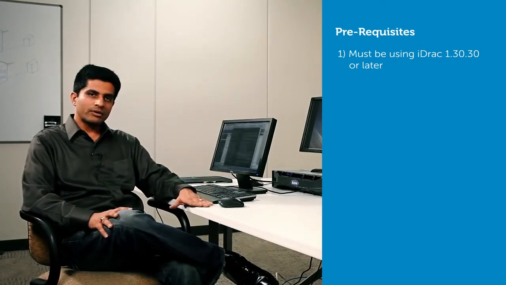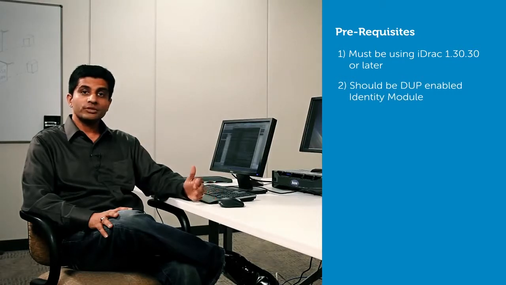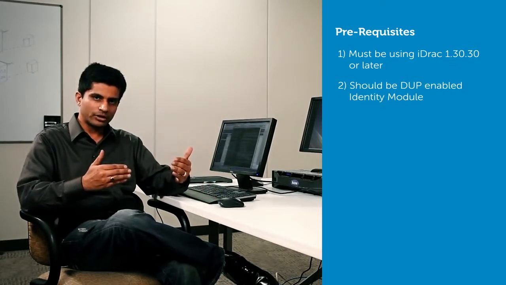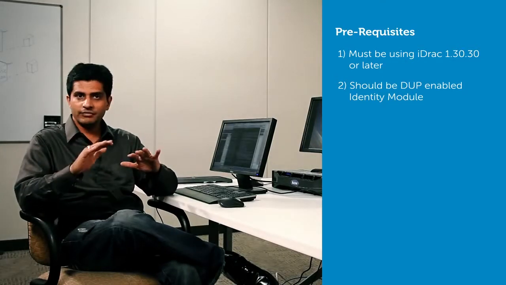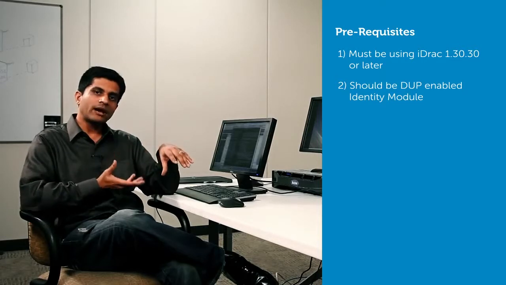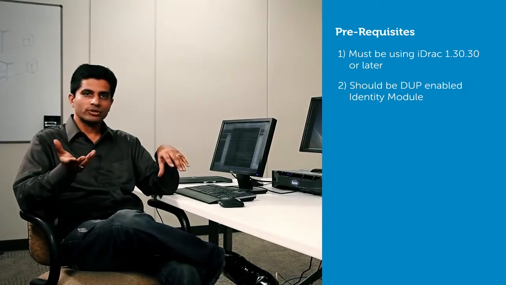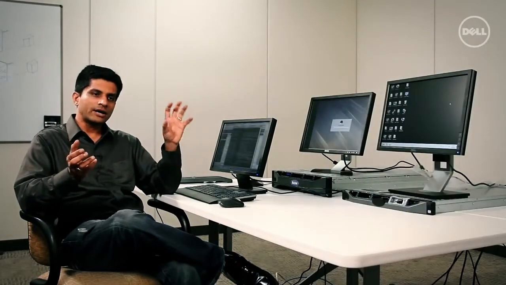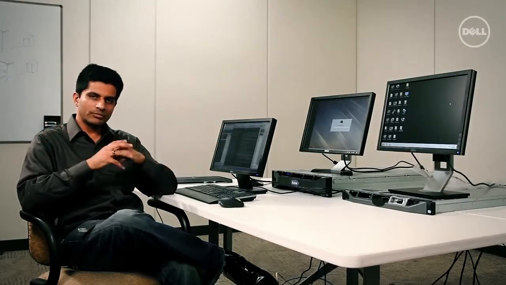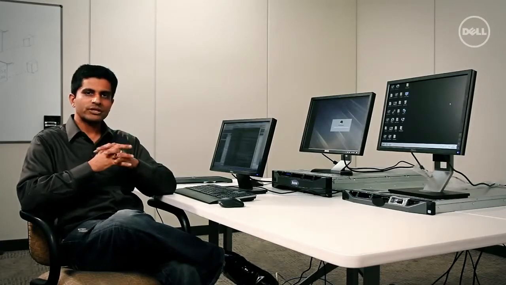The second requirement is the Identity Module should be dupe enabled. The one that you had from before this feature will not work. It will have to be upgraded. Even if it is the same payload and same branding and customization, it will have to have the dupe support enabled on it. With the required iDRAC version and the dupe enabled Identity Module, we should be able to start using it.